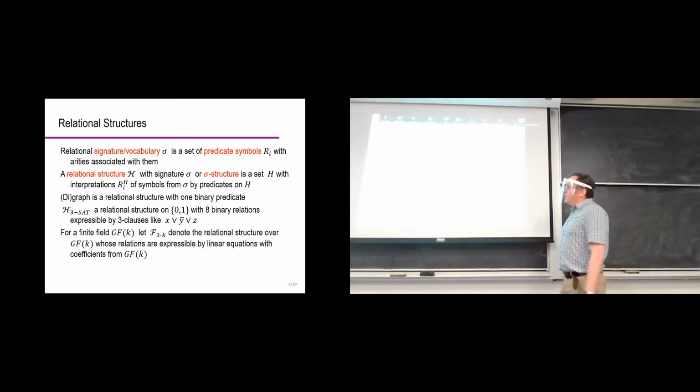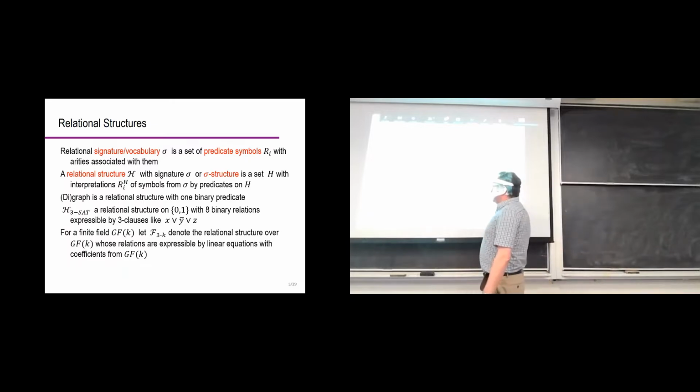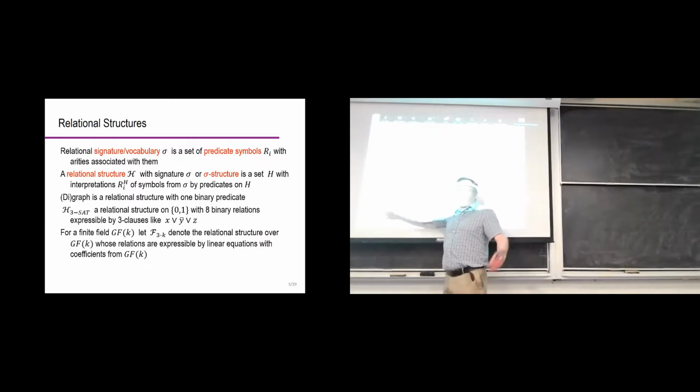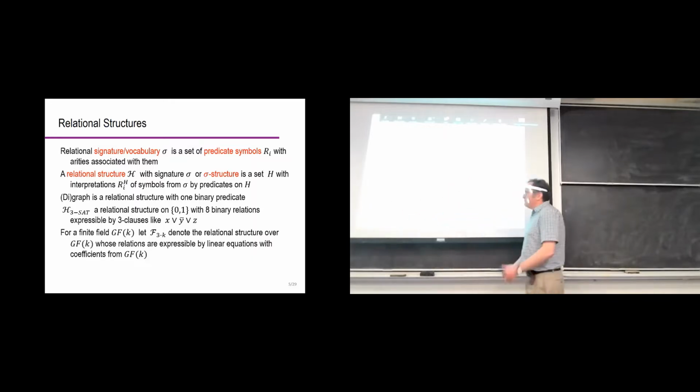Or for instance, we can take some finite fields and consider a relational structure again with the base set being the elements of the field, whose relations are expressible by linear equations with coefficients from the field.